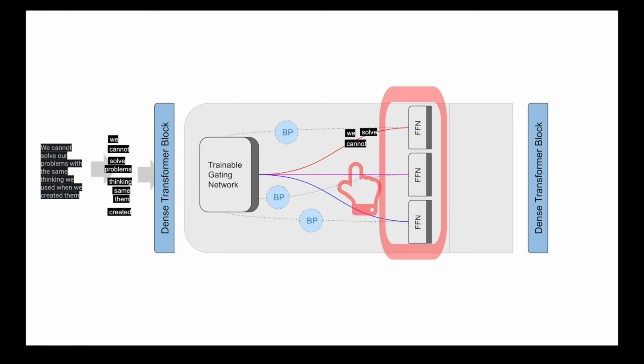We must remember that the trainable gating network as well as these feed forward network experts have already been trained using backpropagation to understand which expert should be chosen by the router.